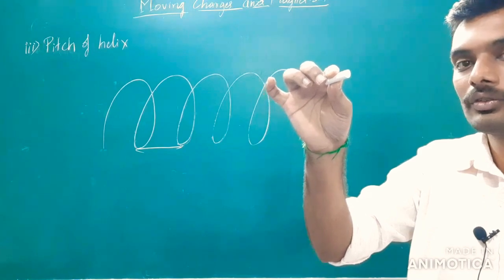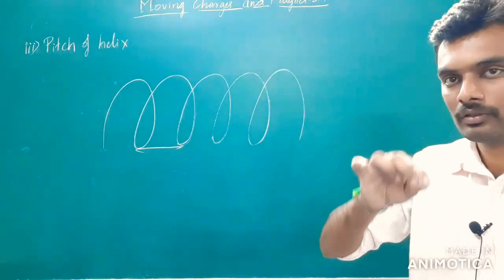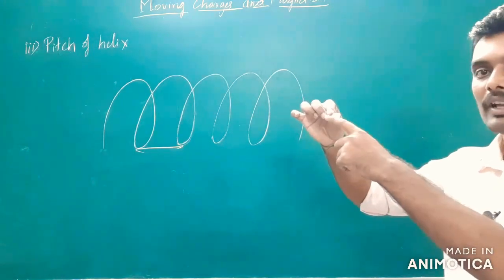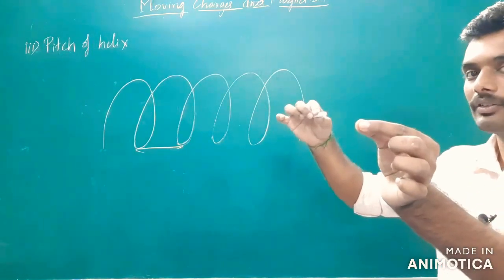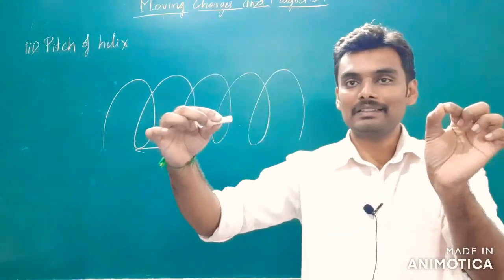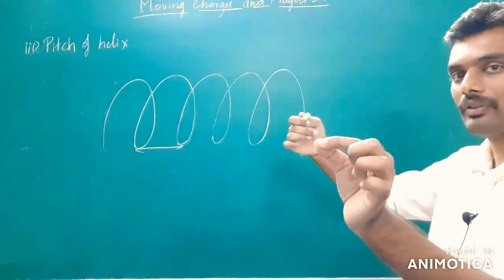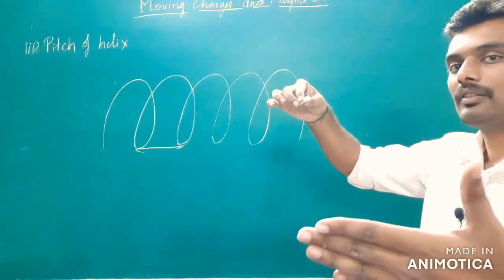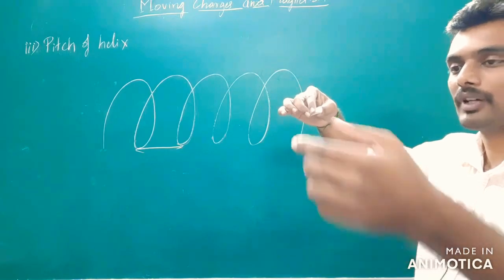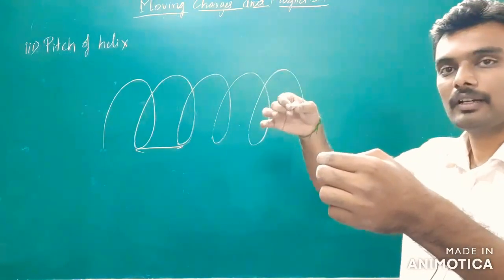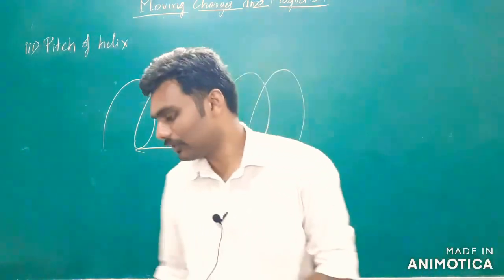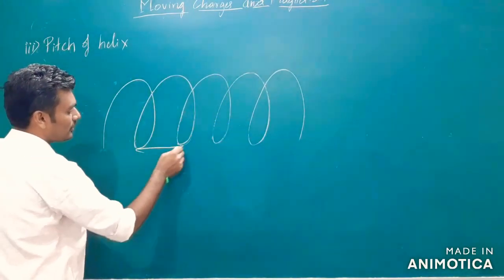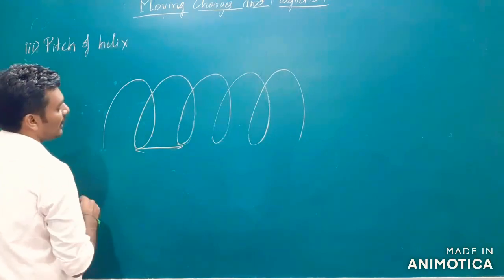So I'll start the motion now. In this situation, I actually moved this much distance from here to here. So this is the linear distance covered when the body completed one circular path in the perpendicular component. That linear distance covered by the body in the helical path for one complete rotation is called pitch of helix.